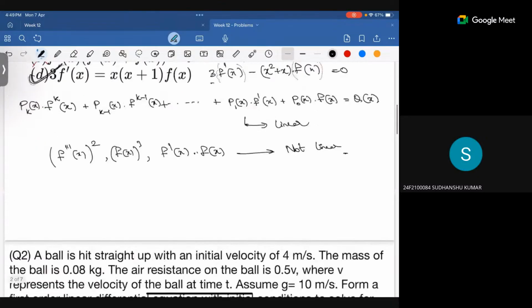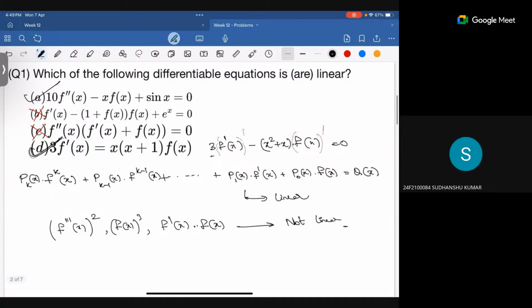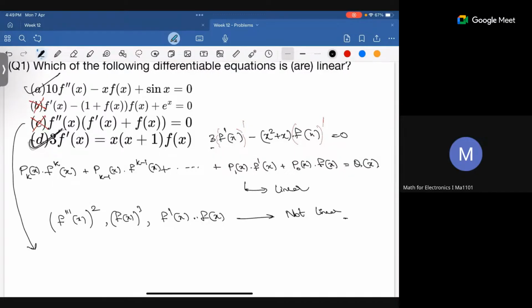Okay. Sir, will you please repeat how option C is not linear? So option C is not linear because if I expand option C, this will have f double prime of x getting multiplied with f prime of x plus f double prime of x getting multiplied with f of x is equal to 0. Right?